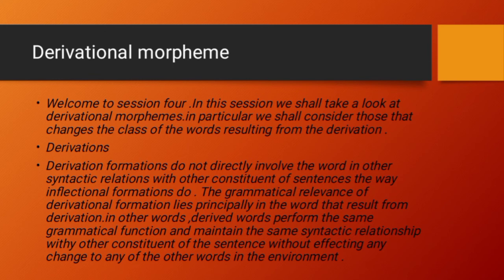In other words, derivational words perform the same grammatical function and maintain the same syntactic relationship with the other constituents of the sentence without effecting any change to any of the other words in the environment.